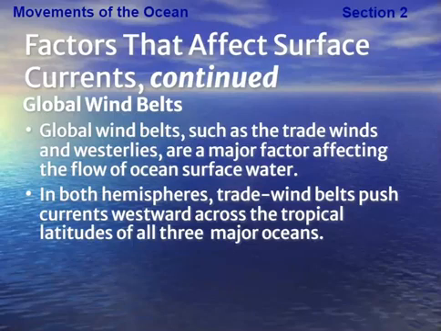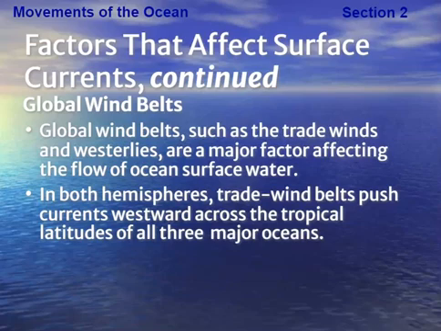So we've talked a lot about global wind belts from prior units. The trade winds were those wind belts that came from Europe over to the Americas. The westerlies are the wind belt that we live in. The wind comes out of the west and moves towards the east. And so these currents of air, as they are making their way around the globe, are going to move the ocean water as well, causing surface currents.